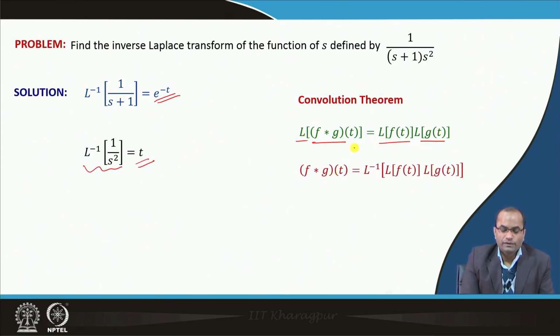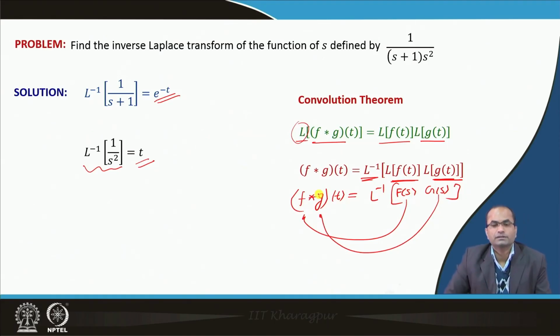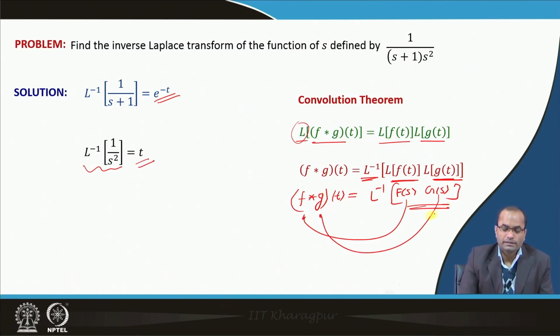Or in other way around, we can read this, let us say this is f(s) and g(s), so the Laplace inverse of this product f(s) g(s) would be equal to the simple product of these two functions whose inverses are taken here. So, the inverse of f(s) is f(t), the inverse of g(s) is g(t), and then the L inverse of the product is simply the convolution product.